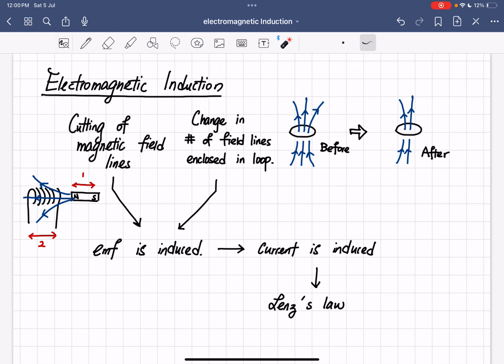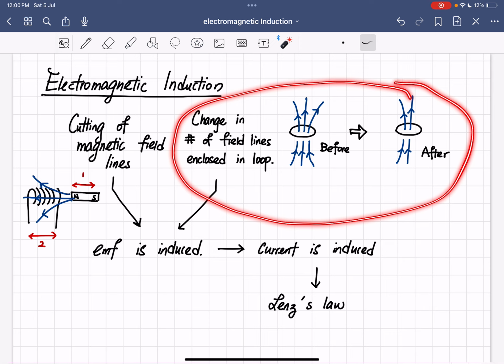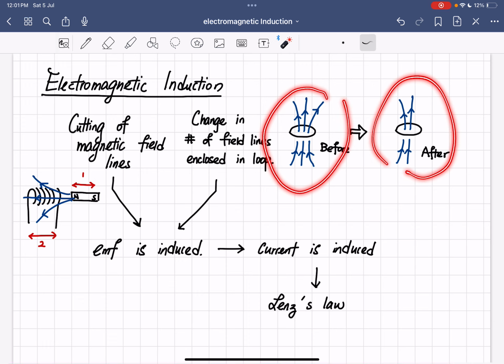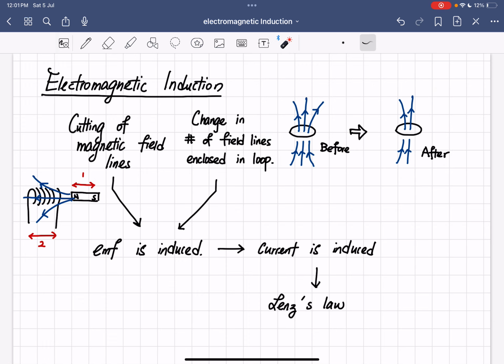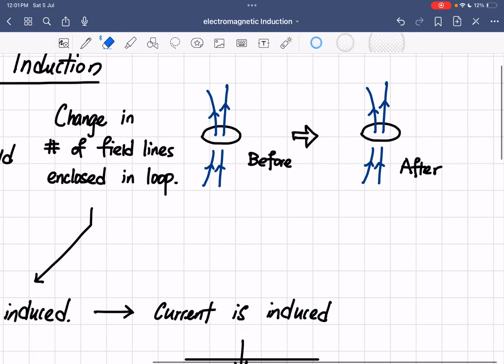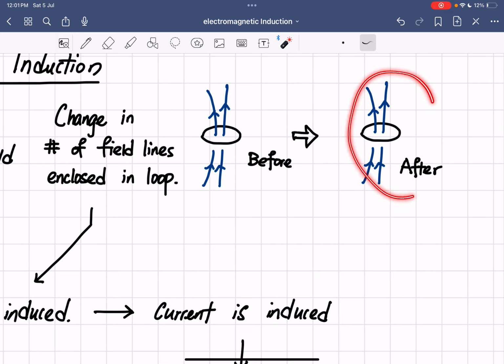It will be easier to see if I start with this perspective. You have a change in the number of field lines. But field lines cannot suddenly disappear. You cannot just delete these field lines and have only two field lines left. In reality, field lines cannot be just deleted.